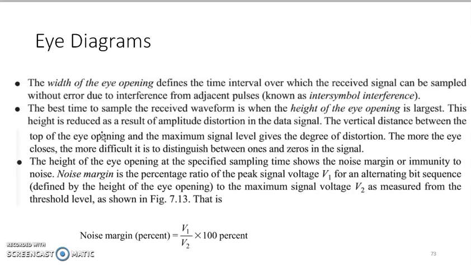And a time where we can obtain a sample, that timing is called the base time to obtain the sample, and that sample is obtained within an eye opening. If the height of the eye opening is high, then there is more time for sampling the signal.